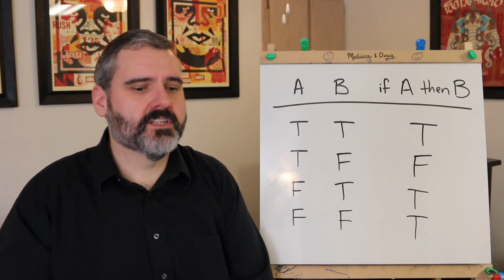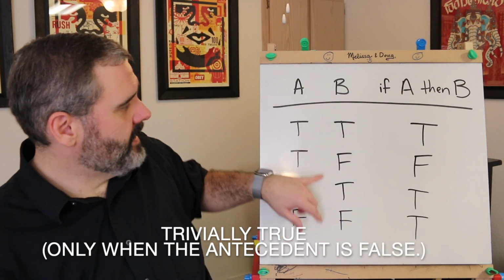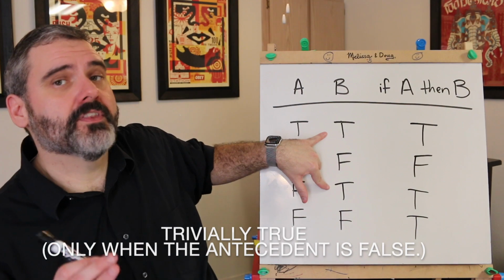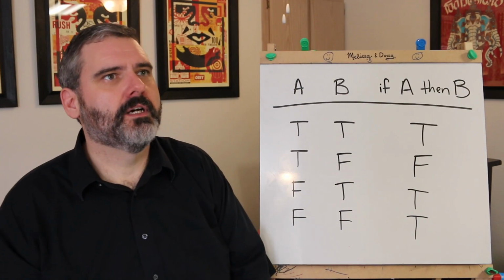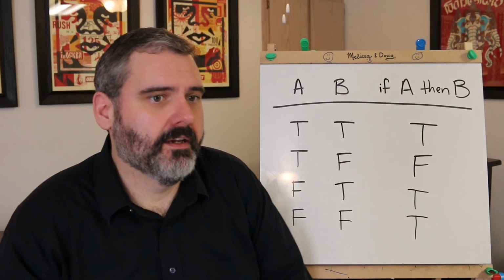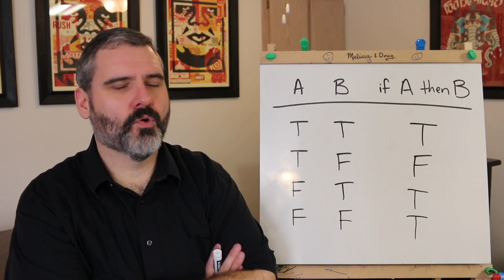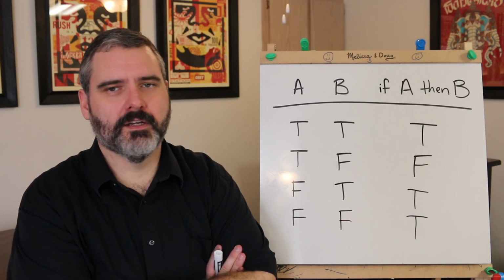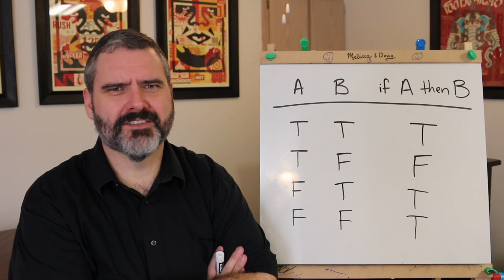In the same way, we could say that something is trivially true, right? Whenever B is true, whenever the consequent is true, we would say that it's trivially true. So I could say something like, if horses were fish, then, I don't know, something that's incredibly true, right?